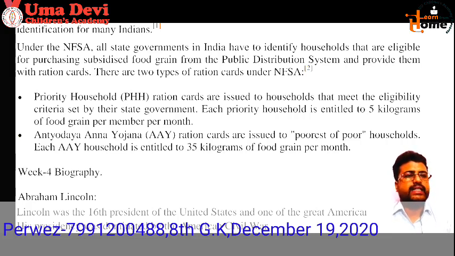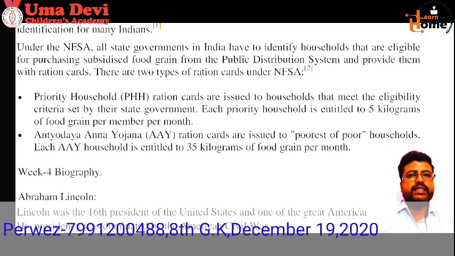So PHH is given to those people who meet the eligibility criteria set by their state government. State governments have a set of criteria to give ration cards. Each priority household is entitled to 5 kilograms of food grain per member per month. So it is given on the basis of the ration card, and every member will get 5 kilograms.